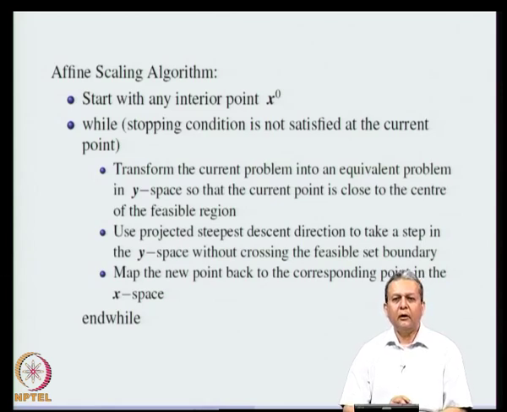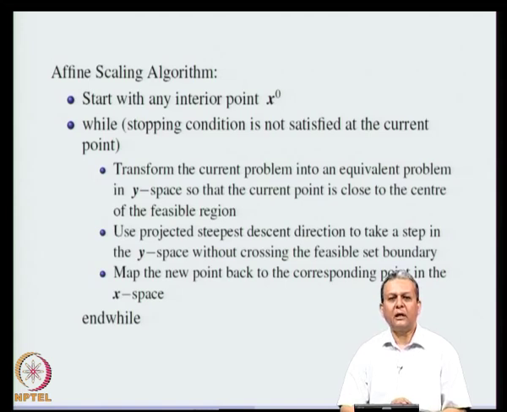So, there are a few important points that need to be discussed. The first one is, what is the stopping condition for the algorithm. Now, in the simplex algorithm, we saw that since the solution always lies at an extreme point for a linear program, if at a point all the neighboring vertices have an objective function value which is not less than the current point, then we stop.